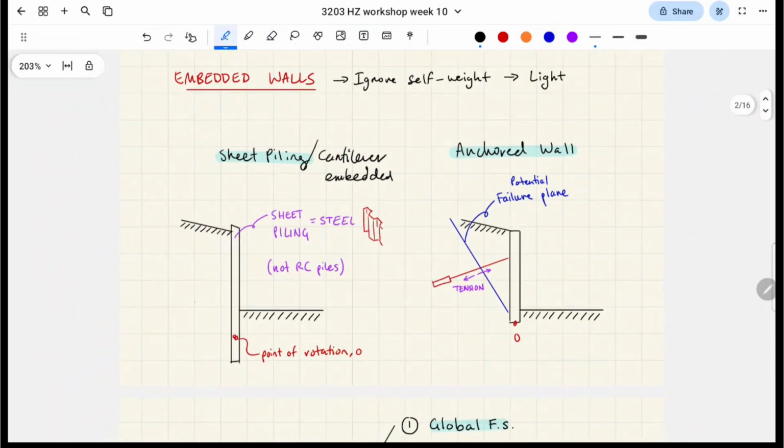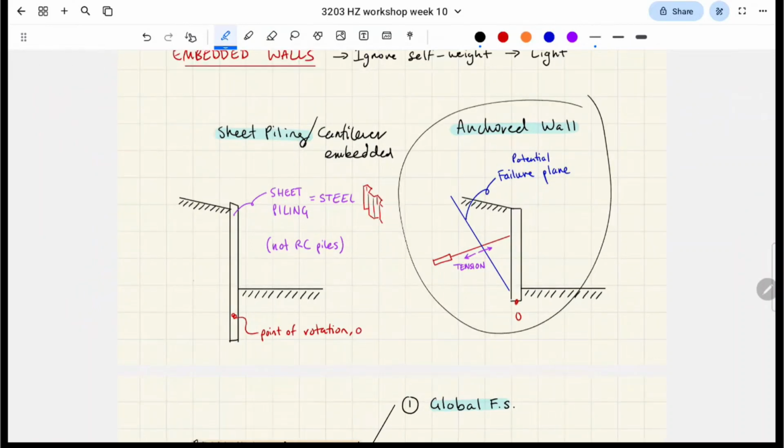Cantilever embedded walls have a point of rotation which is beneath the surface of the soil at the bottom, but it's not quite at the very bottom. There's this point which it spins around, right? And anchored walls don't go as deep into the ground as your cantilever embedded walls, which rely on this lateral earth pressure.